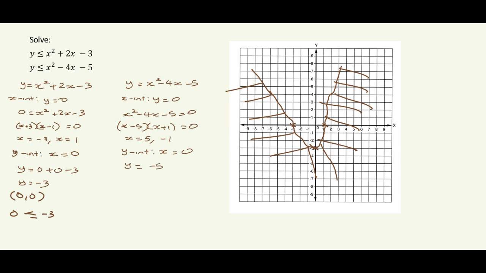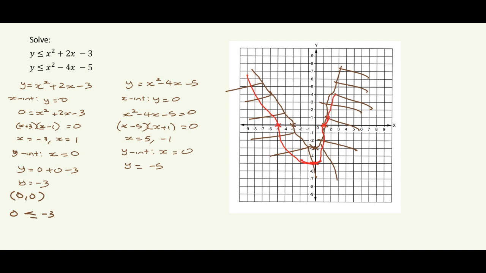So let's go ahead and draw the graph here. We have y equal to negative 5 right about here. We have x equal to 5 right about here, and x equal to negative 1 right about here. So let's draw this graph right here, right here and right about there.